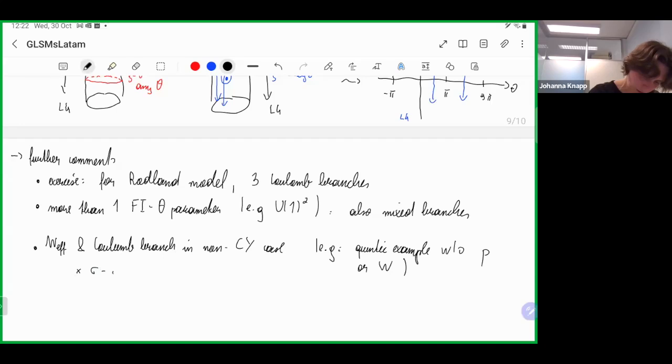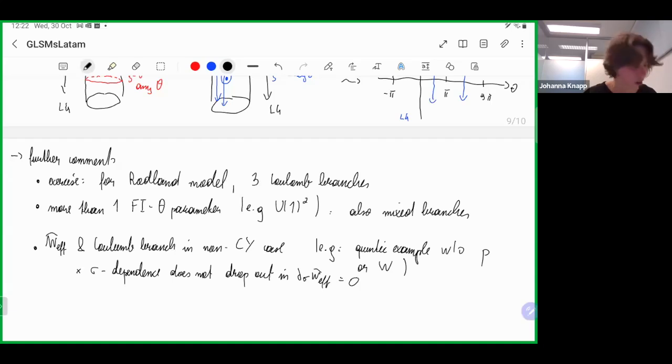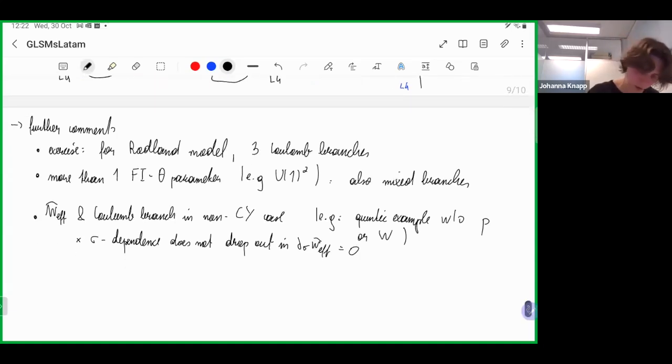So the sigma dependence does not drop out in sigma W effective tilde equal to 0. You can easily compute that. You get something like sigma to the 5 is e to the minus t or something like this.